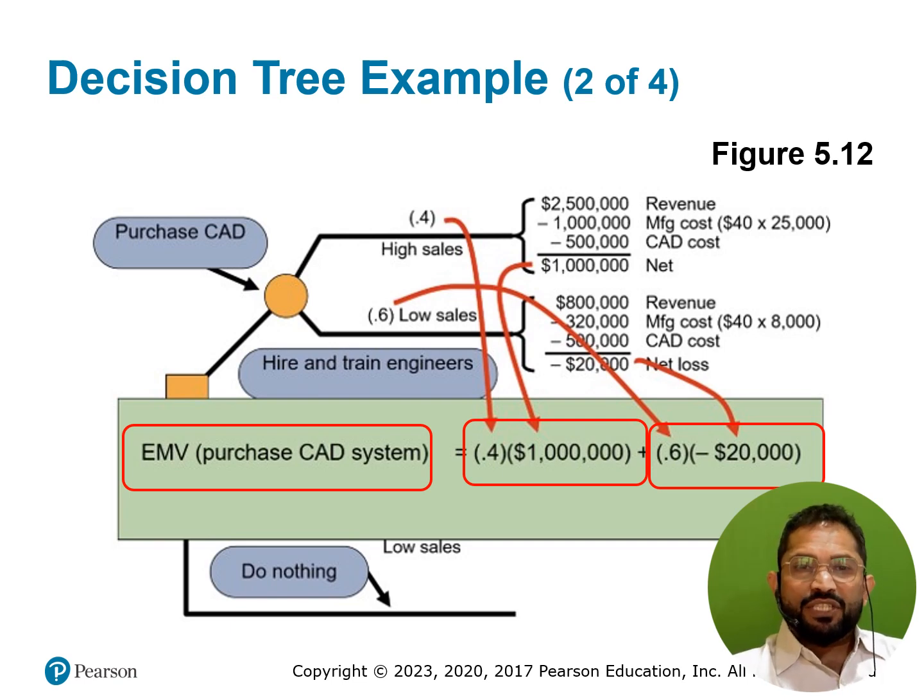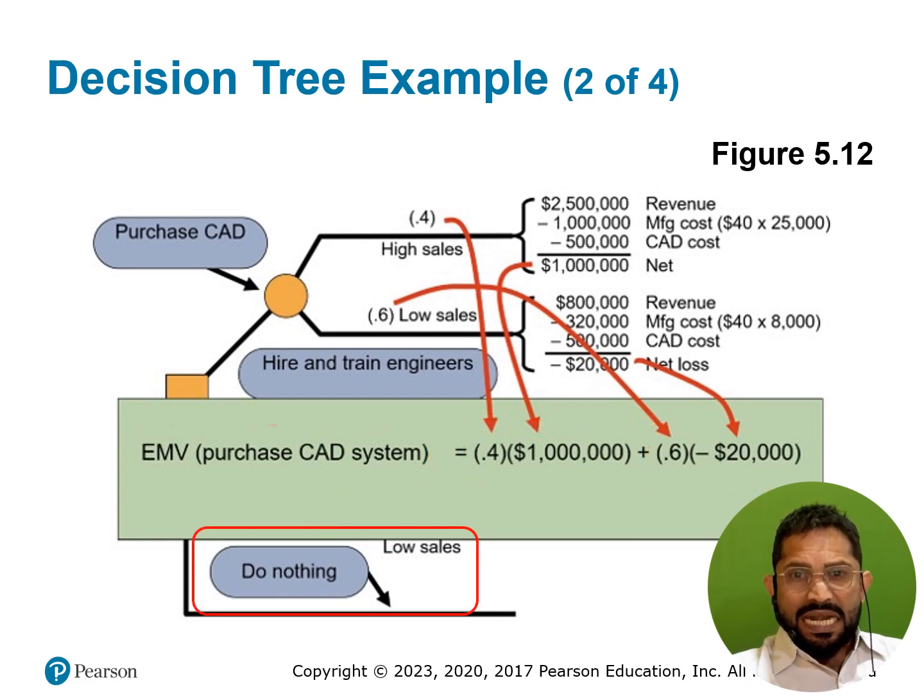This calculation is a way to determine the expected value of the decision, accounting for the different probabilities and outcomes. It's a key part of decision analysis, particularly in financial or business contexts where decisions have to be made under uncertainty.